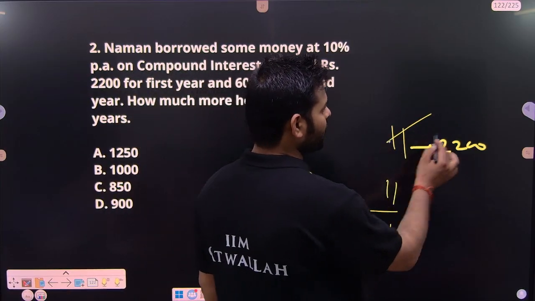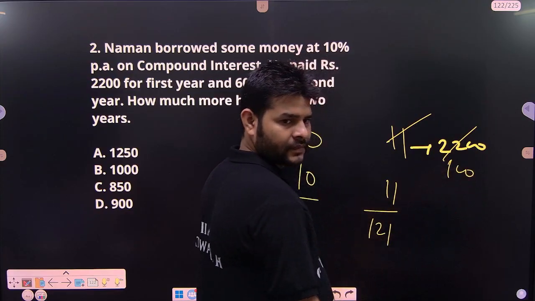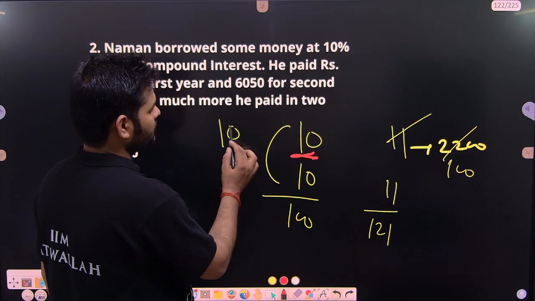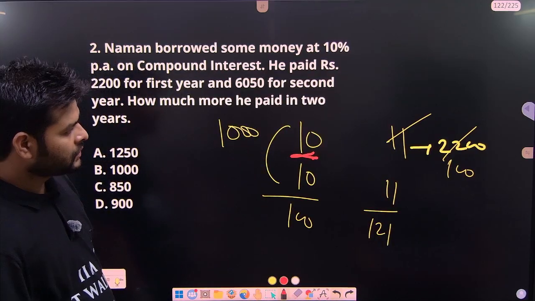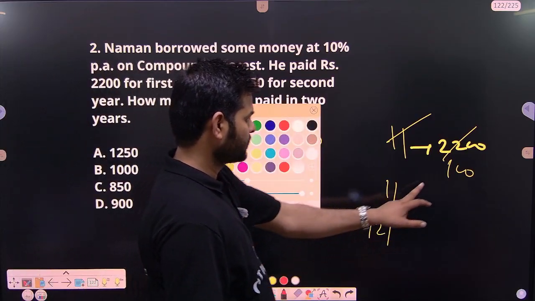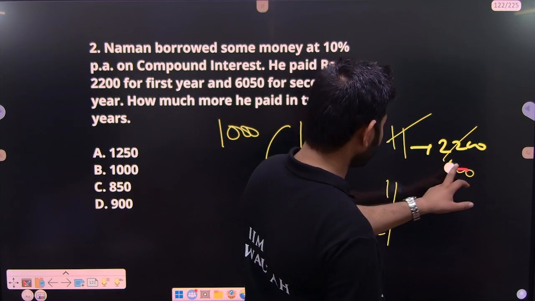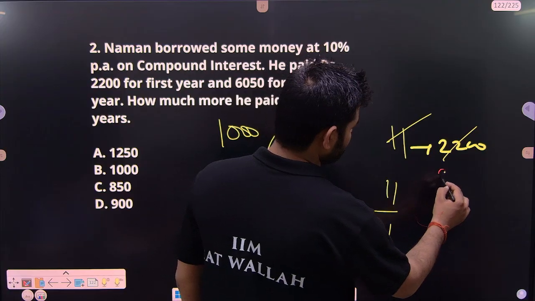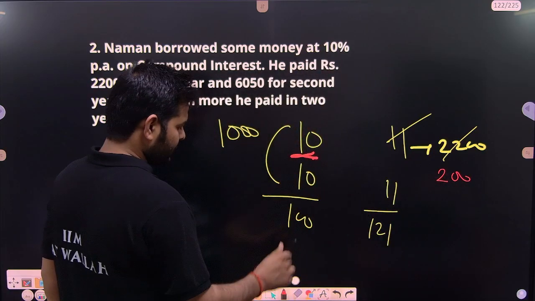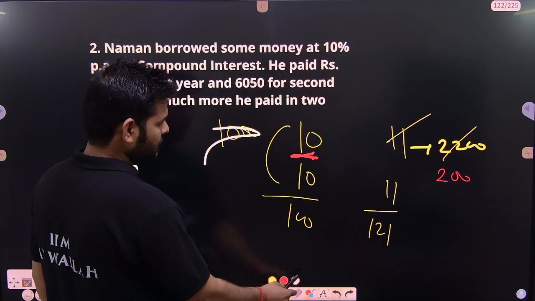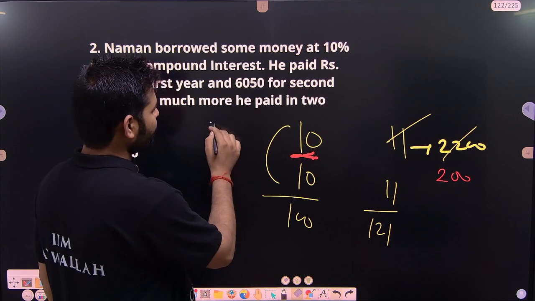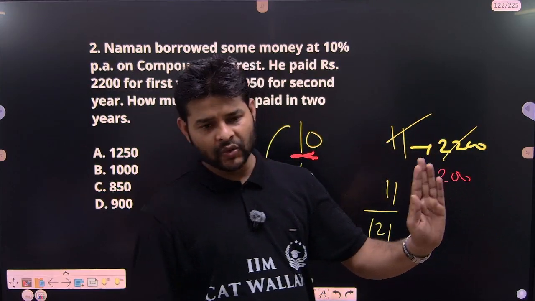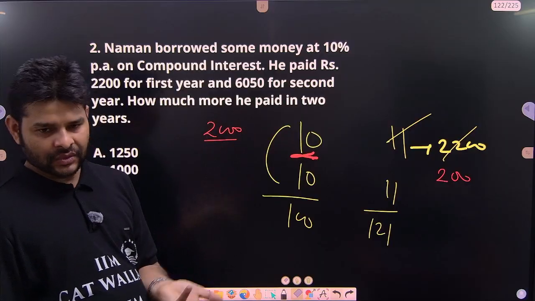So 1 unit value would be 200, and 10 units is going to represent 2000. So basically when the borrower paid 2200, in this 2200 the principal is 2000.